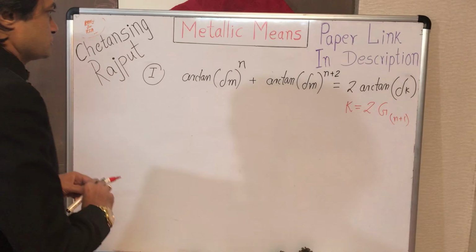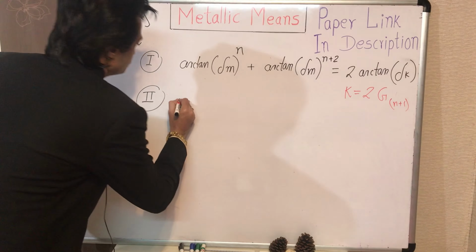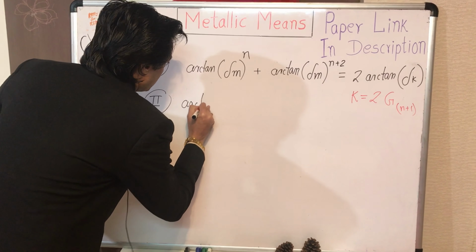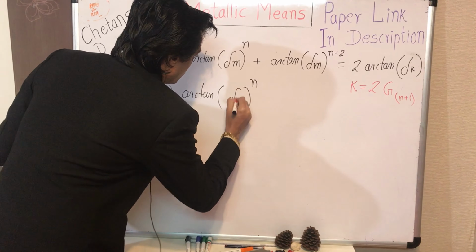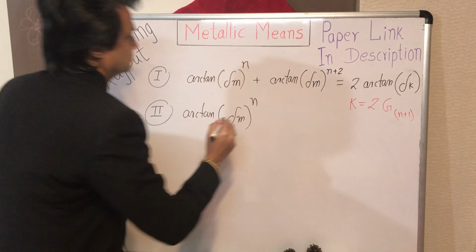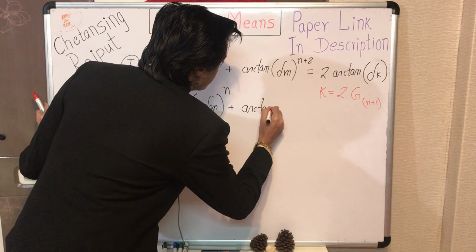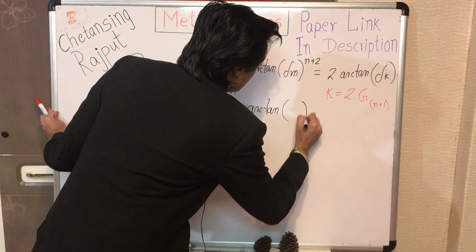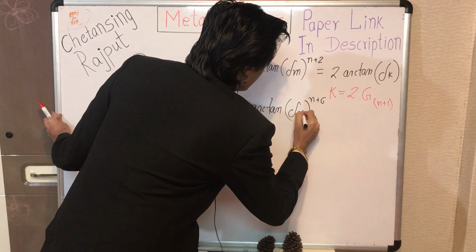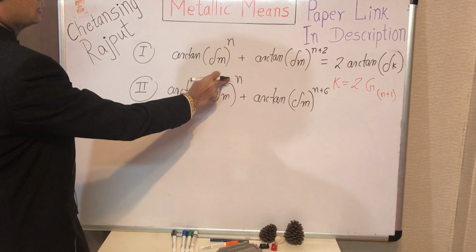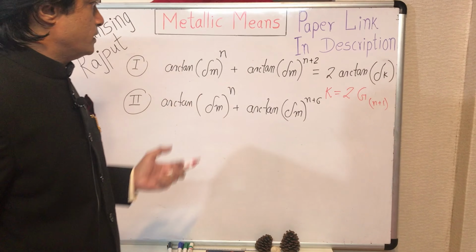All right. Similarly, there is second formula like arctangent of nth power of given metallic ratio plus arctangent of n plus 6th power of that metallic mean. Remember, n is always a positive odd integer.